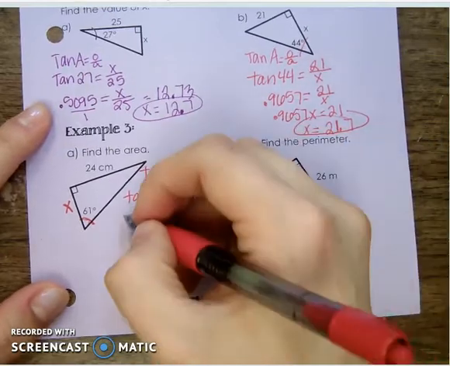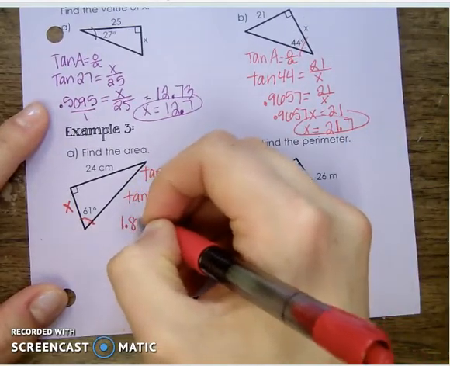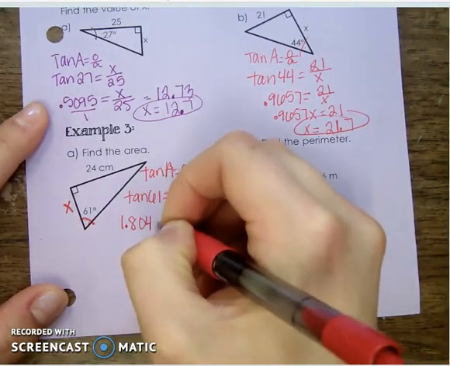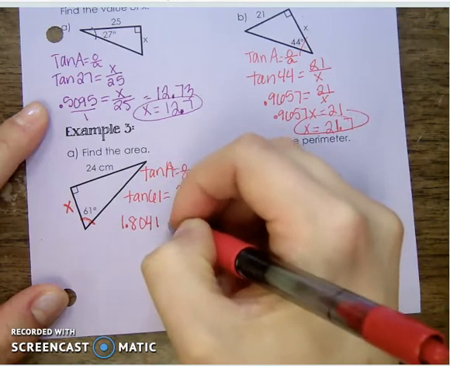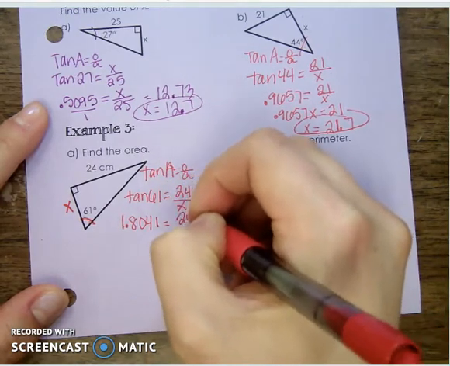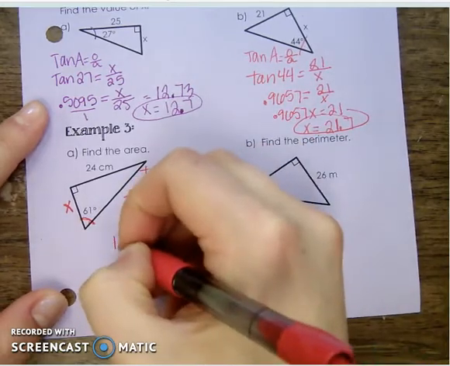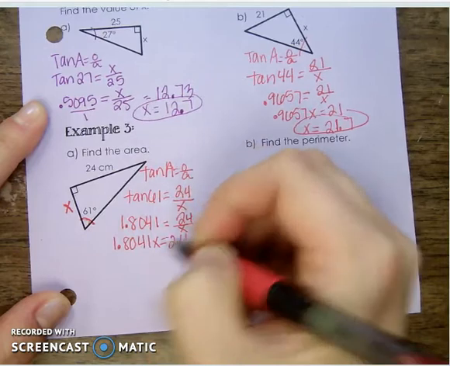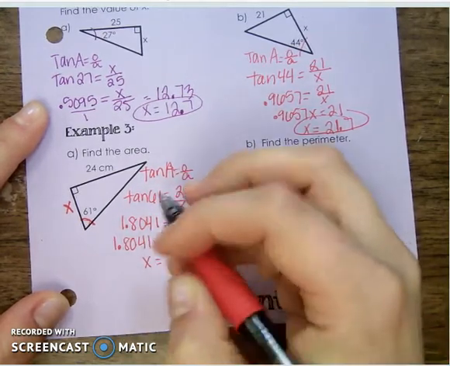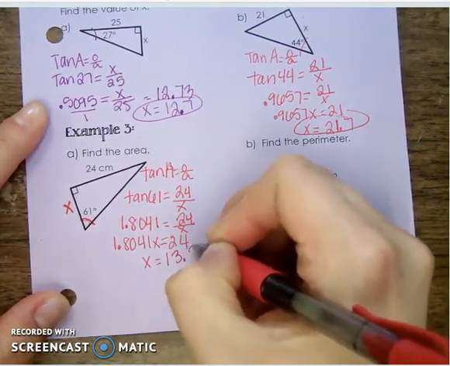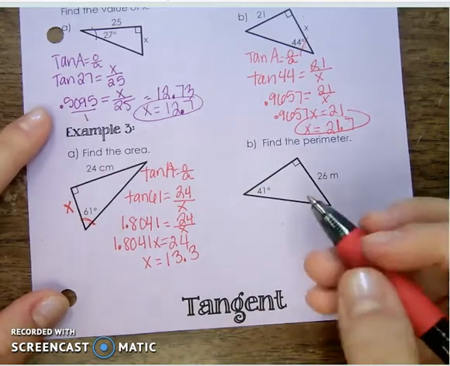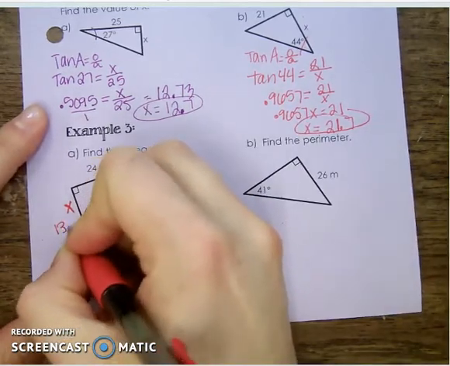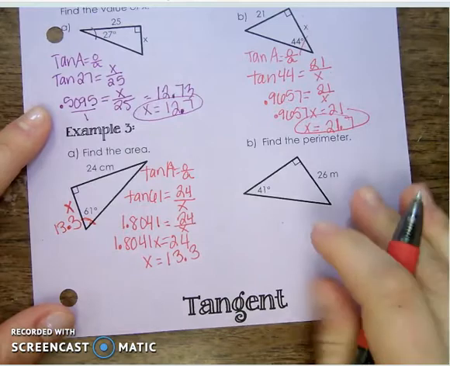The tangent of 61 is 1.8041 equals 24 over x. 1.8041x equals 24. Divide. X is about 13.3.